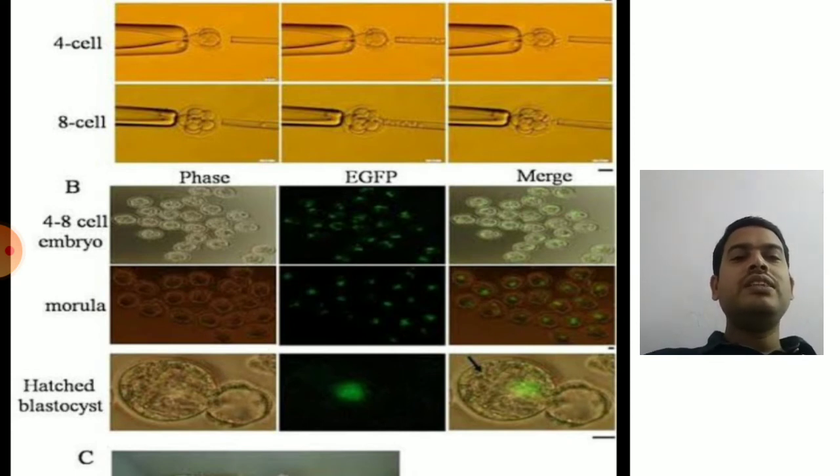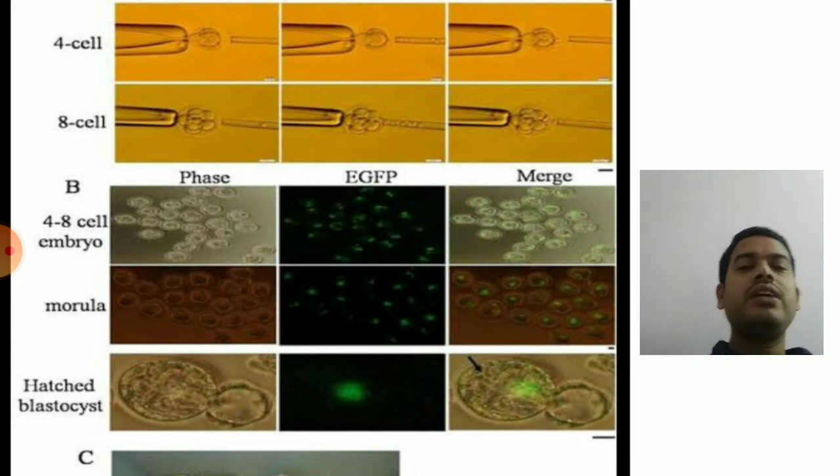You can clearly see the GFP that is expressing. So after developing the blastocyst to 4 to 8 cell stage or morula stage, you can clearly see the green spots, that is expression of your transgene along with GFP protein. So that can be collected.